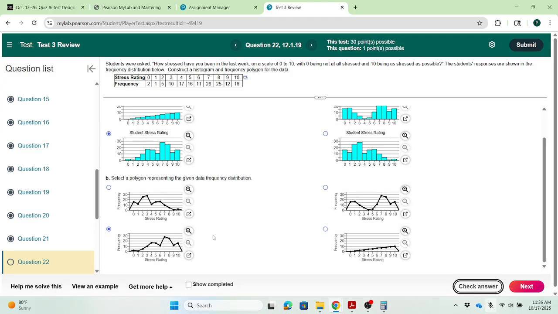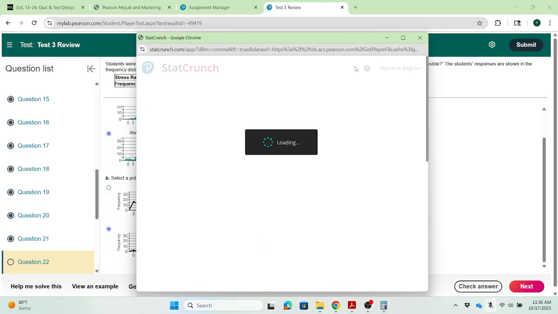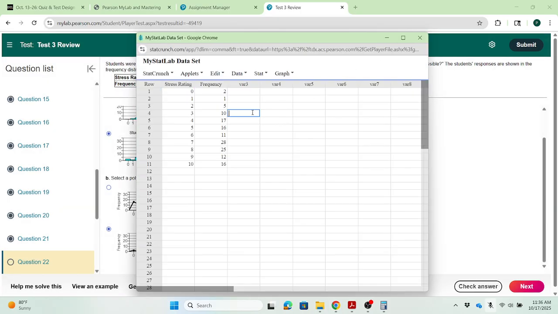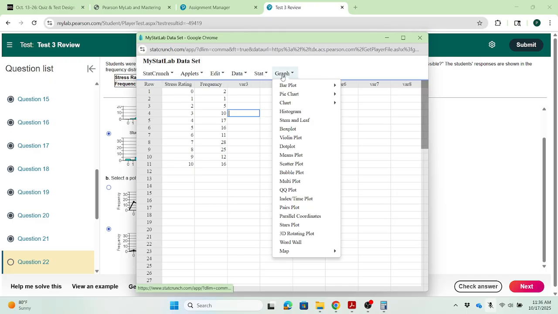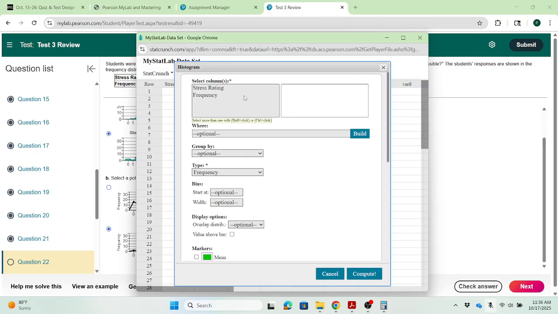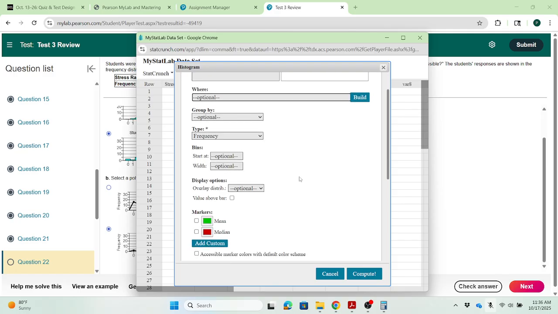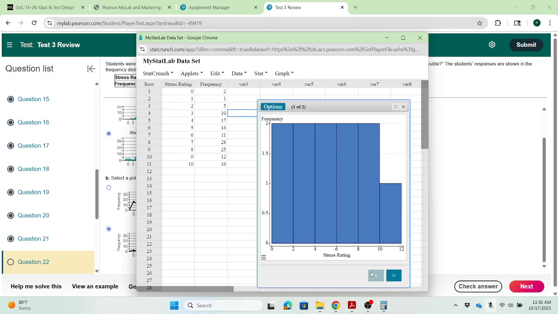You can also do this in StatCrunch. Let me go here and open this stress rating data, go to the graphs, then histogram, and select stress rating and frequency. Let me try this one. Let me just compute it. This is the frequency, this is the stress rating.